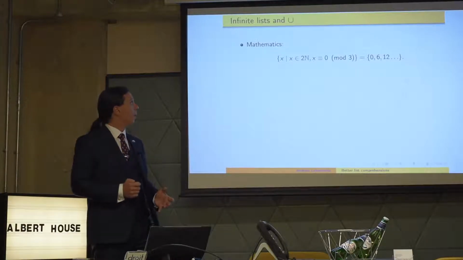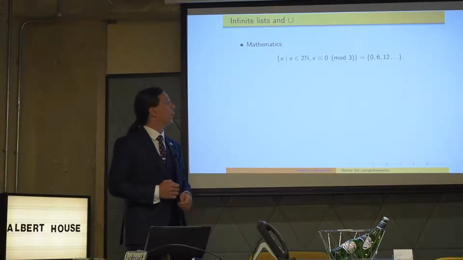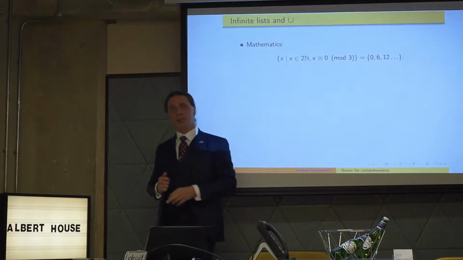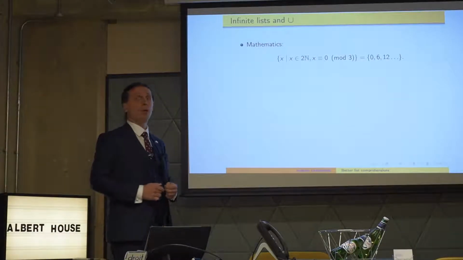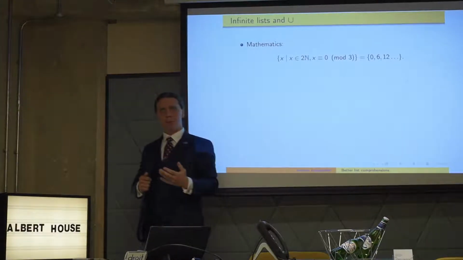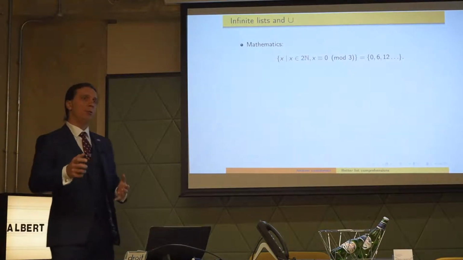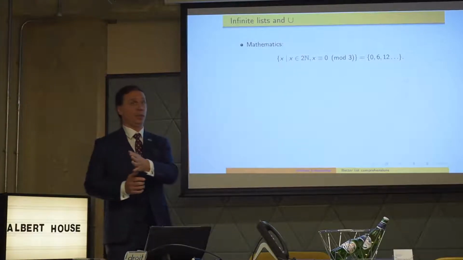Like mathematicians can write this kind of expression. So this fancy N is the set of natural numbers, like 0, 1, 2, 3, 4, 5. And by multiplying it by 2, I just mean that I am speaking about even numbers, like 0, 2, 4, 6, 8, and so on ad infinitum.